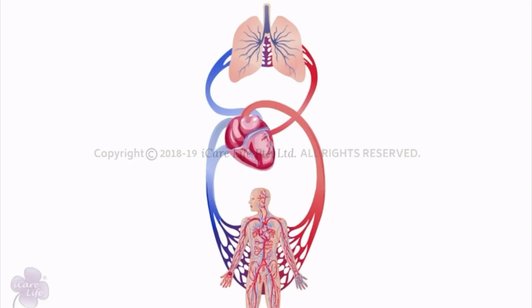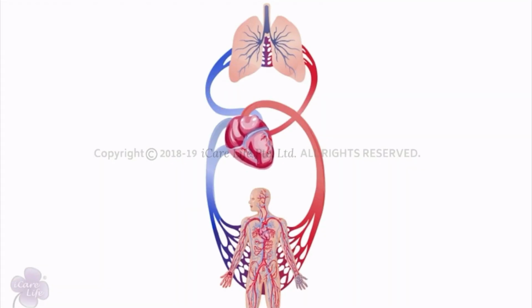Let us look at how blood circulates in the cardiovascular system. The deoxygenated blood with carbon dioxide and other waste products flows from the cells in different parts of the body to the right side of the heart. Then, this blood flows from the heart to the lungs.